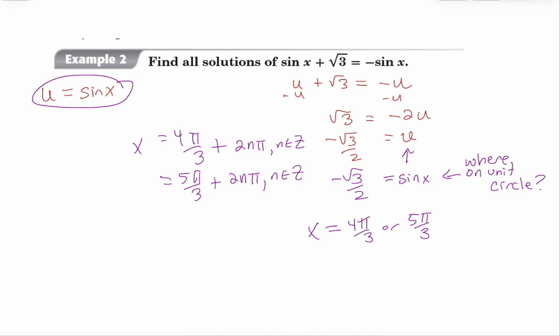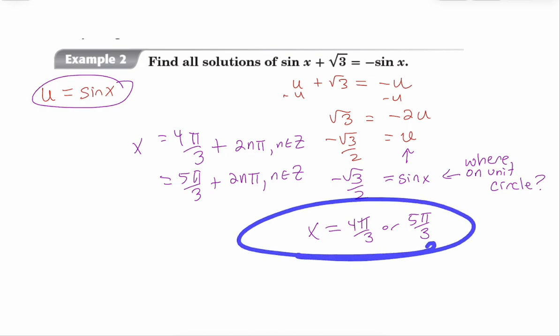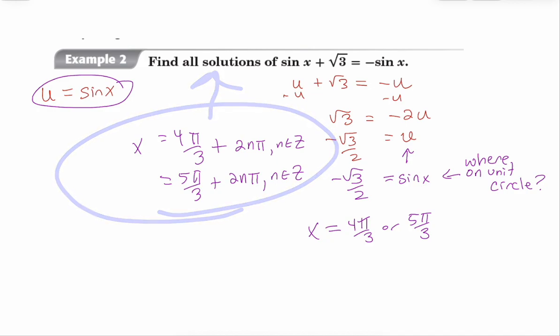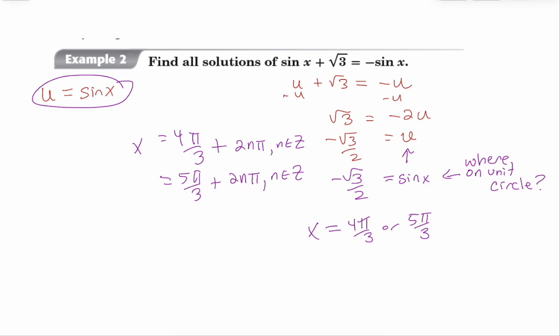What does that 2n pi do? Well, that 2n pi covers every single iteration of 4 pi over 3. How do we get to 4 pi over 3? Well, we can do a 360 loop one way or the other, okay? We are going to focus on stopping here, but I do want you to see that's how you get all the solutions, by using that coterminal angle thinking.